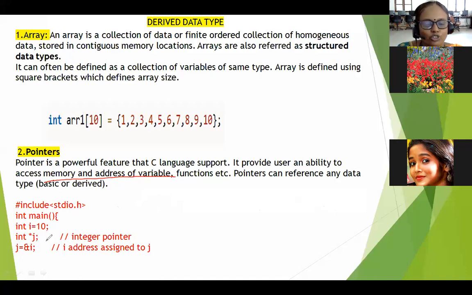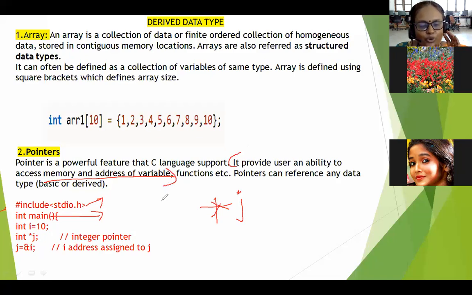So, pointer. You all see, this is my header section, the preprocessor section. You all know int i equal to 10, I have declared. Okay, int asterisk j. Asterisk is nothing but an integer pointer. This we will study separately, but here you have to know only that this is the definition for the pointer.